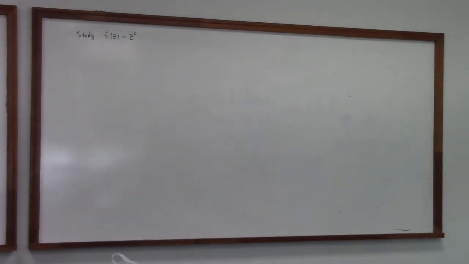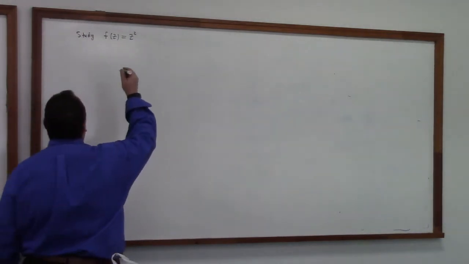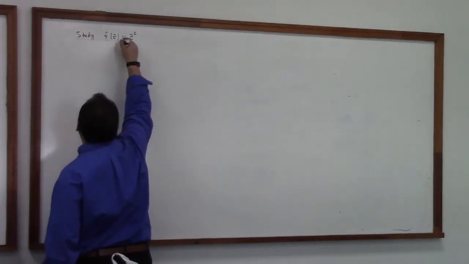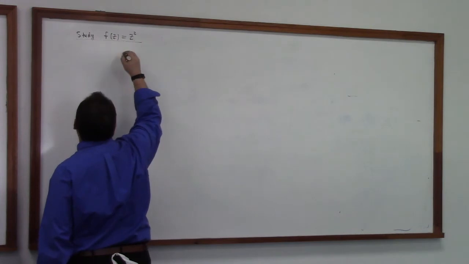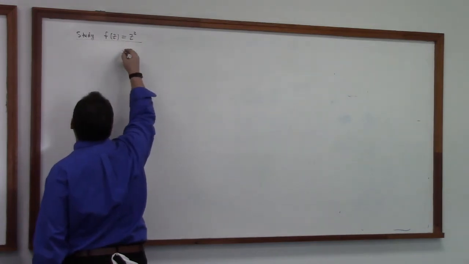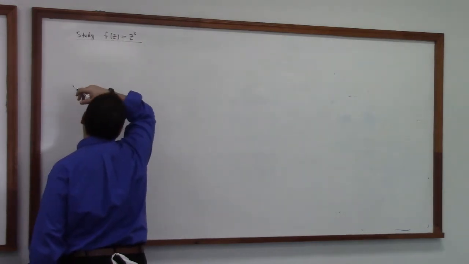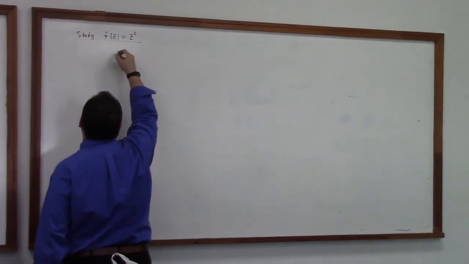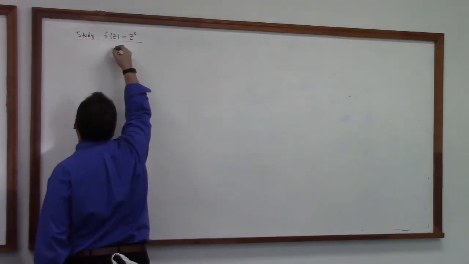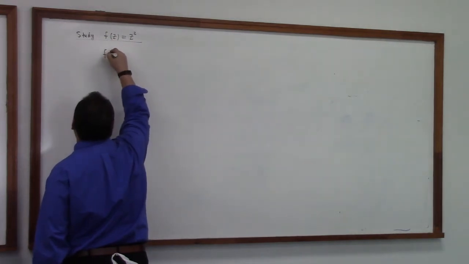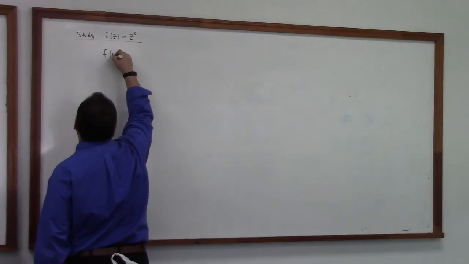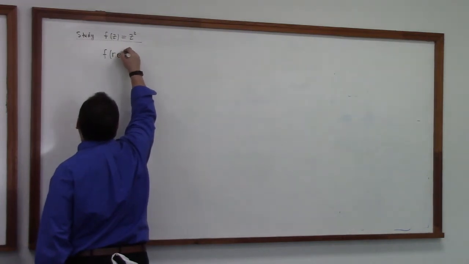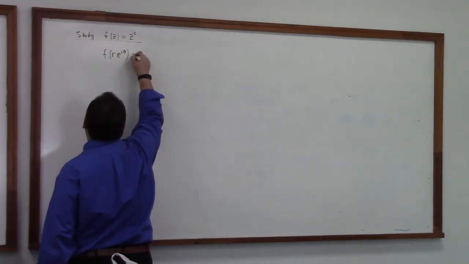So we can study the square function, right? Let's see what happens if we look at it in terms of polar coordinates. Suppose we have f of r e to the i theta.